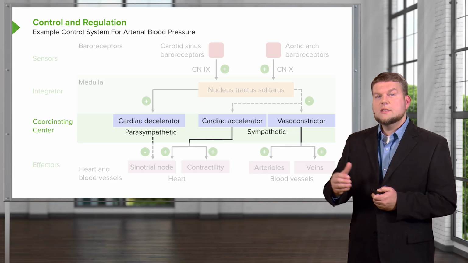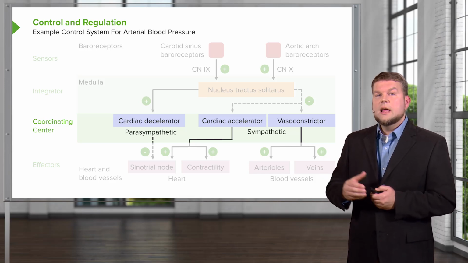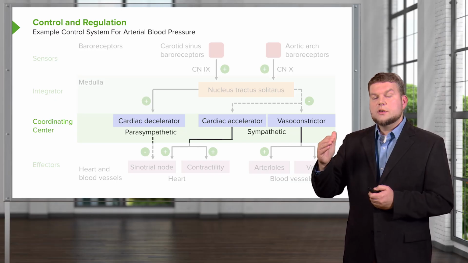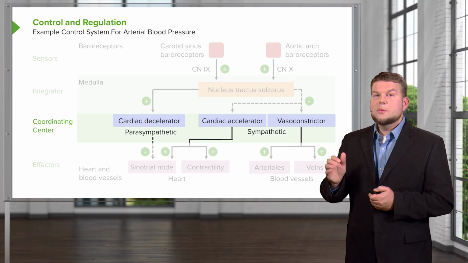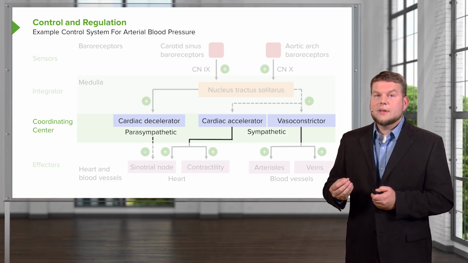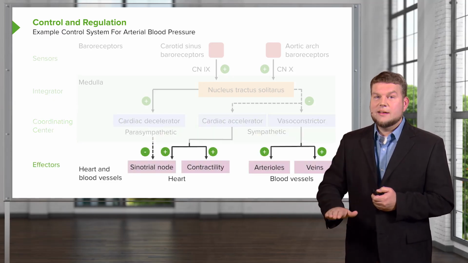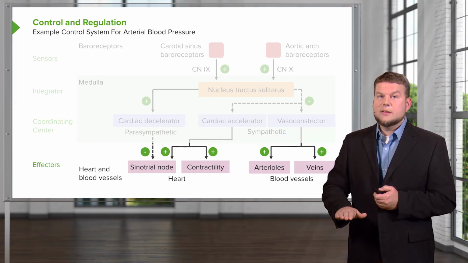And so what happens if you have a decrease in blood pressure? The parasympathetic nervous system is going to try to slow down the heart. So how do you slow down a decelerator? Well, you're going to have to inhibit it. So you're inhibiting the decelerator.